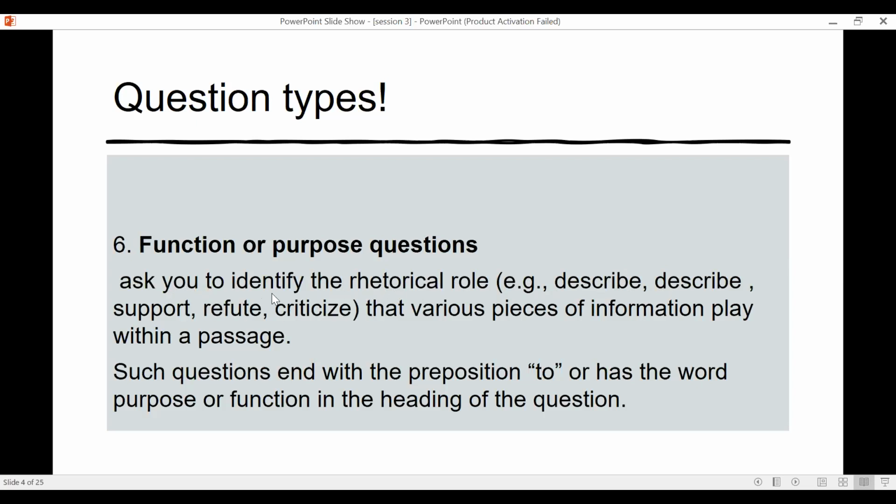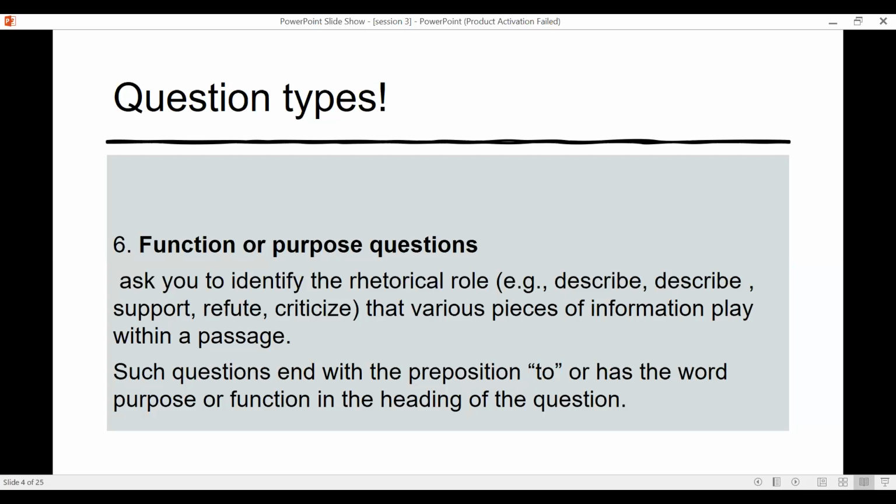So they ask you to identify the rhetorical role of various pieces of information, and the role each of these pieces can play within a passage. In other words, why does the author bring or put this piece of information in the passage?